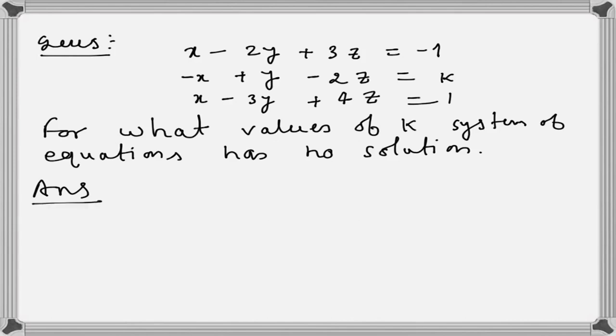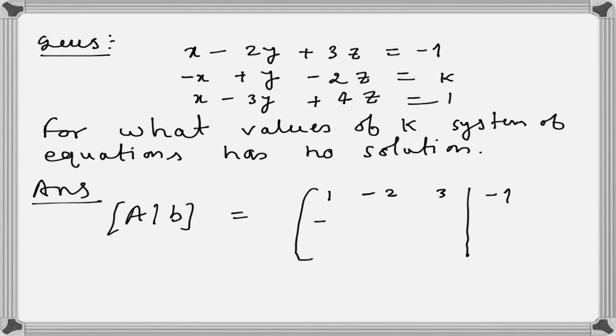Okay, so consider the augmented matrix AB, where A is 1 minus 2 3, minus 1 1 minus 2, 1 minus 3 4, and B is minus 1, k, 1.